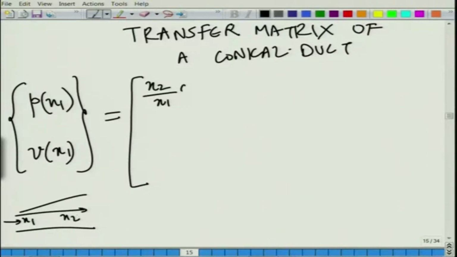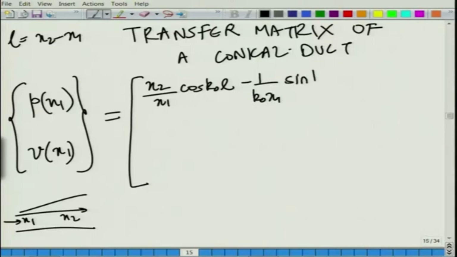So, this would become cos k0 L, where L is this thing, and minus 1 by (cot k0 x1) into sine of k0 L.